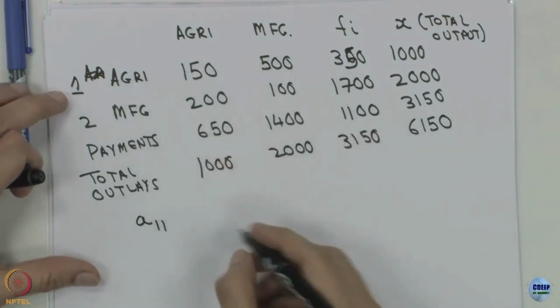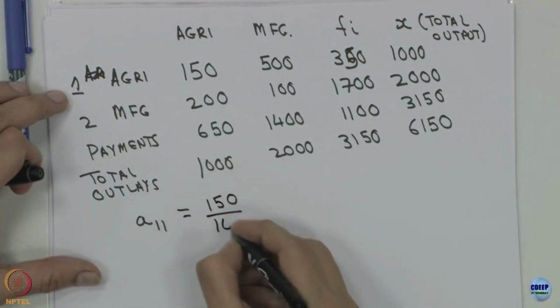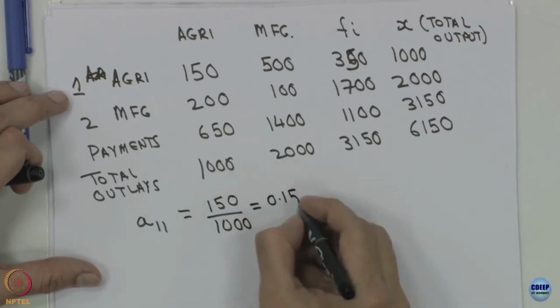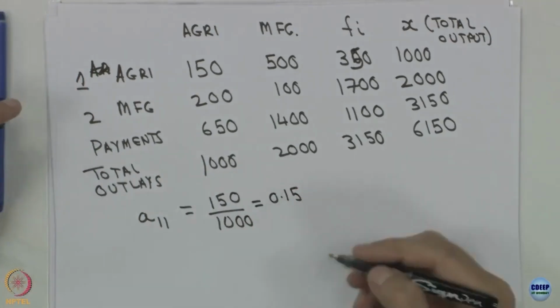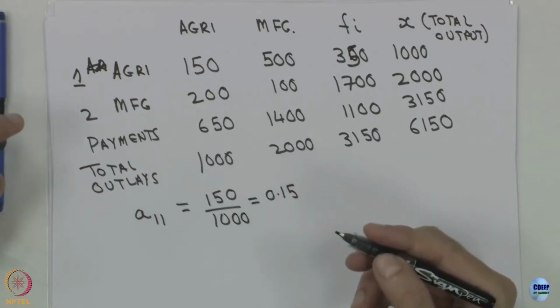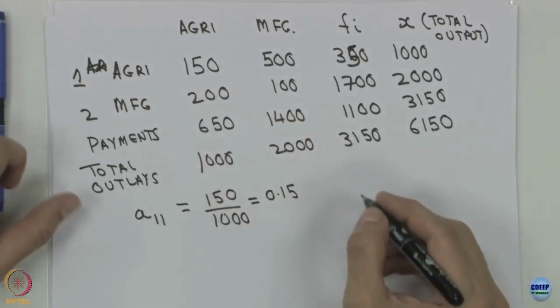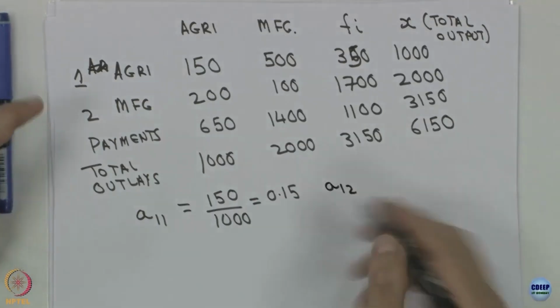So this will be equal to 150 by 1000, which is 0.15. That means per unit of agricultural output, 0.15 is the ratio of what is used within the sector itself.